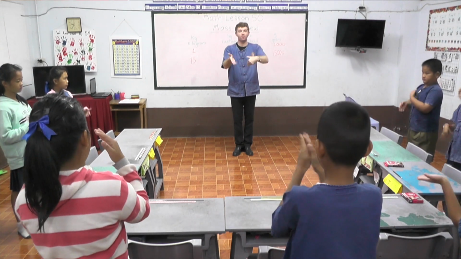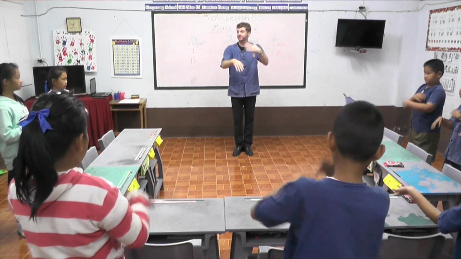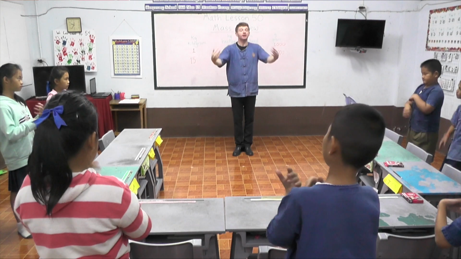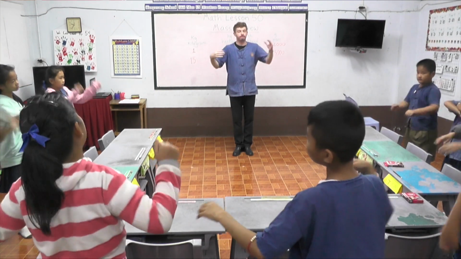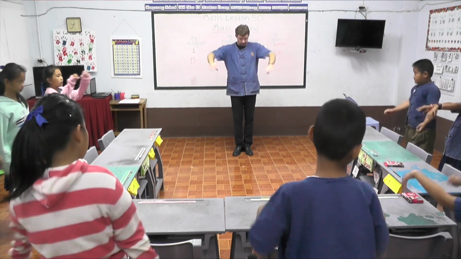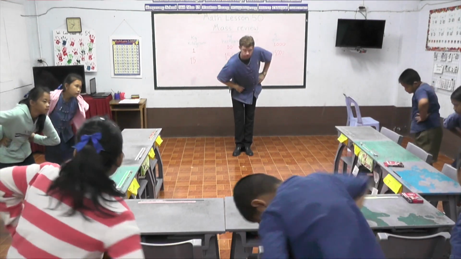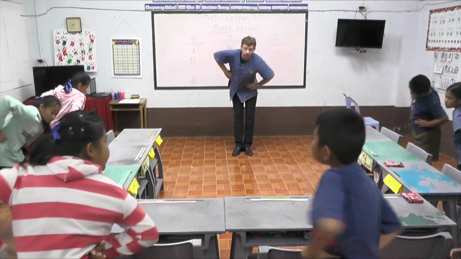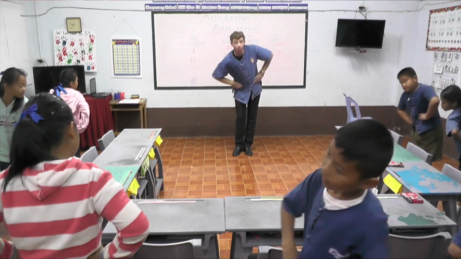Can we do one way and one the other? And then swap. And now shake our arms. And this time, hands on hips. Let's roll our shoulders. And let's go back the other way.